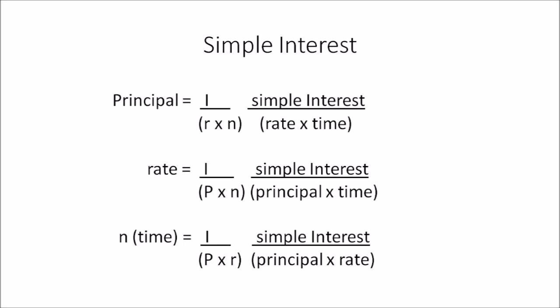If you know how to do questions where you make subject of formulas, then it's very easy. You can use the main formula, which is simple interest is equal to principal times rate times time, I is equal to P times R times N. If not, you can refer to these formulas and answer the questions.